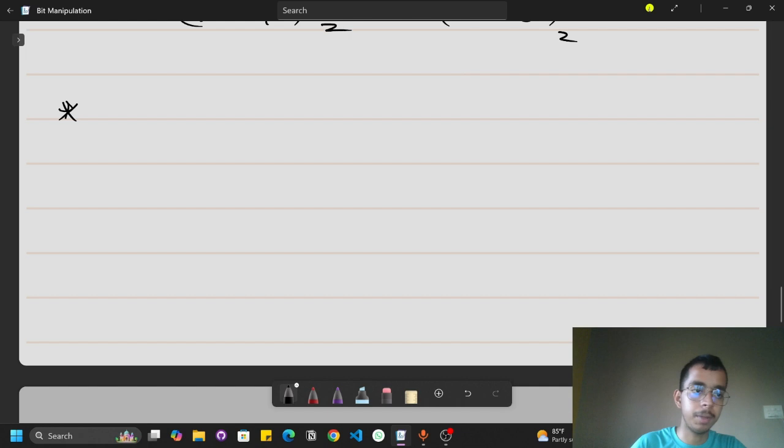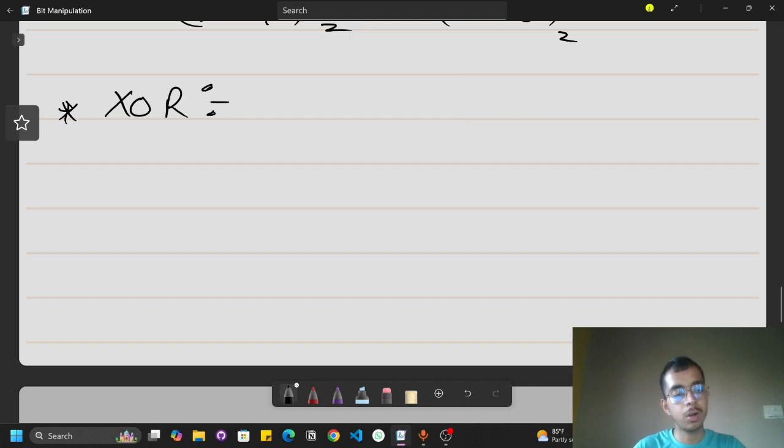Now comes the main thing, that is XOR. For XOR, the thing which you should remember is if both of the inputs are different, then only the result is high, otherwise it's low.